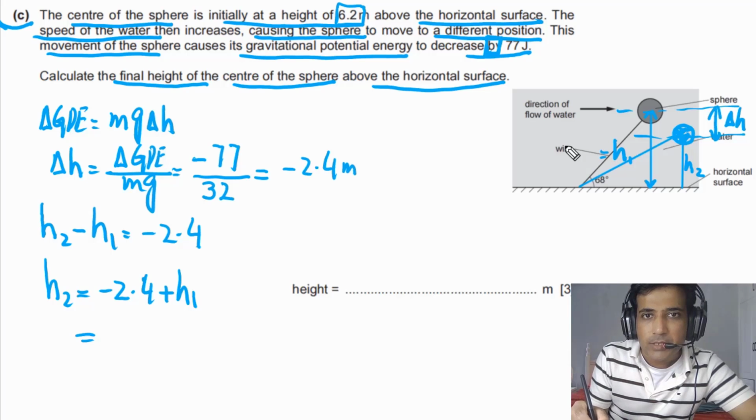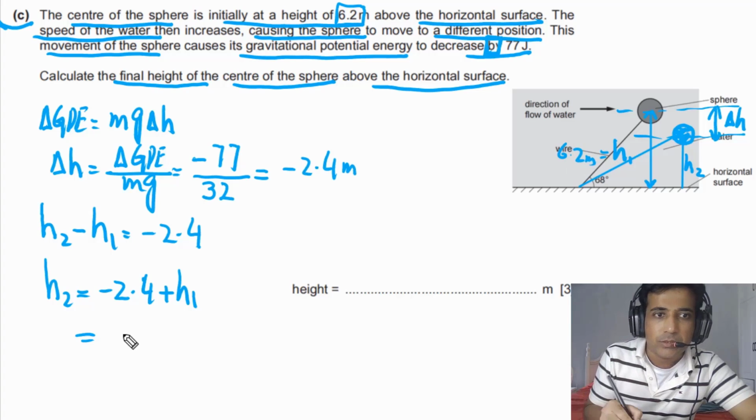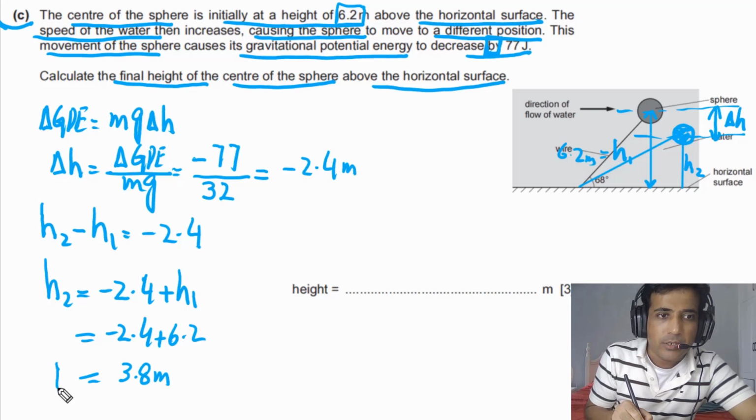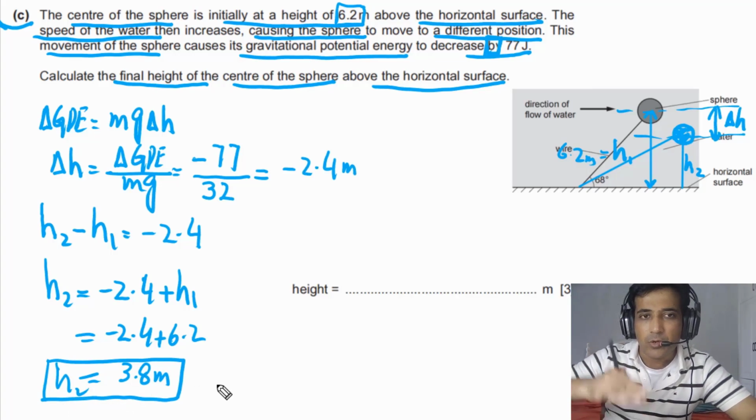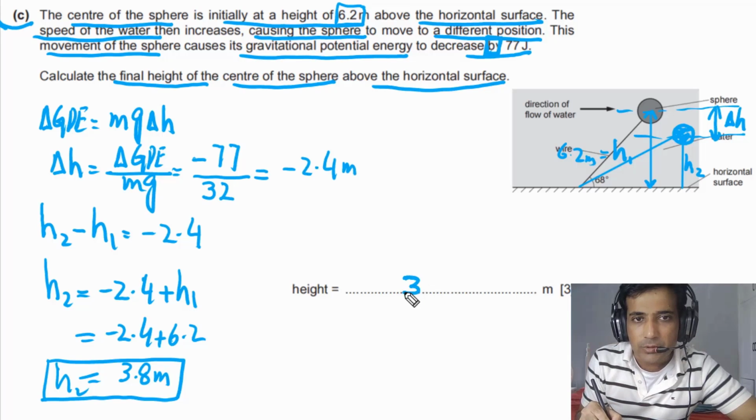So we can plug in value of h1, that is 6.2. So the final answer will be 3.8 meters. So the second height, or simply you can say the final height of sphere is 3.8 meters from horizontal. And this is our final answer.